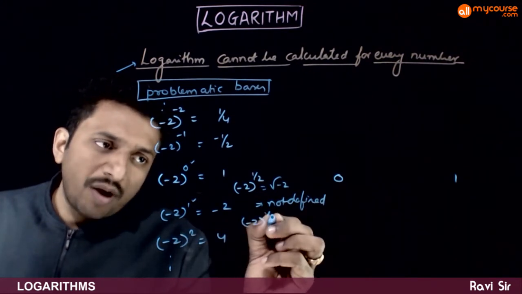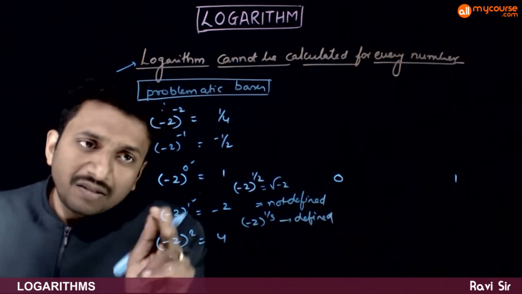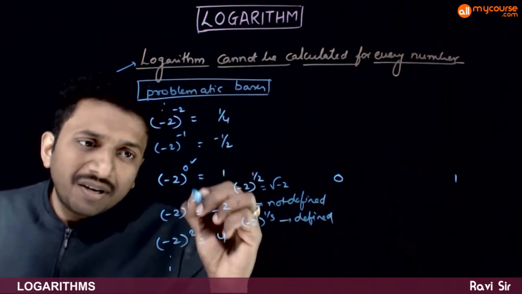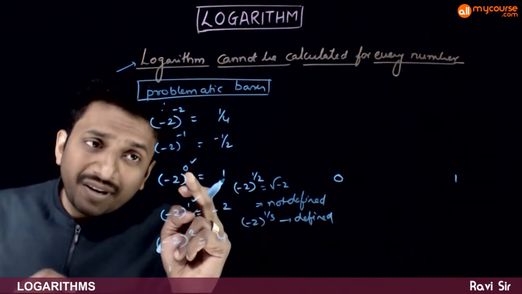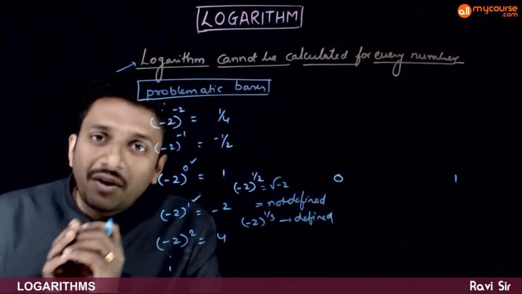Minus 2 power 1 by 3 is defined. There is no problem with this. So minus 2 power something is not defined for every number between 0 and 1. For some numbers it will be defined, for some numbers it will not be defined.